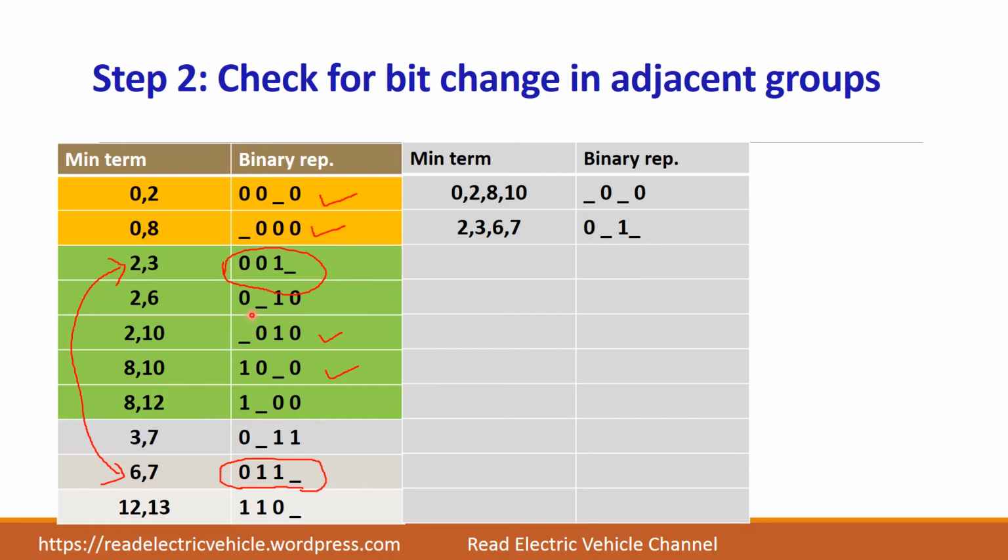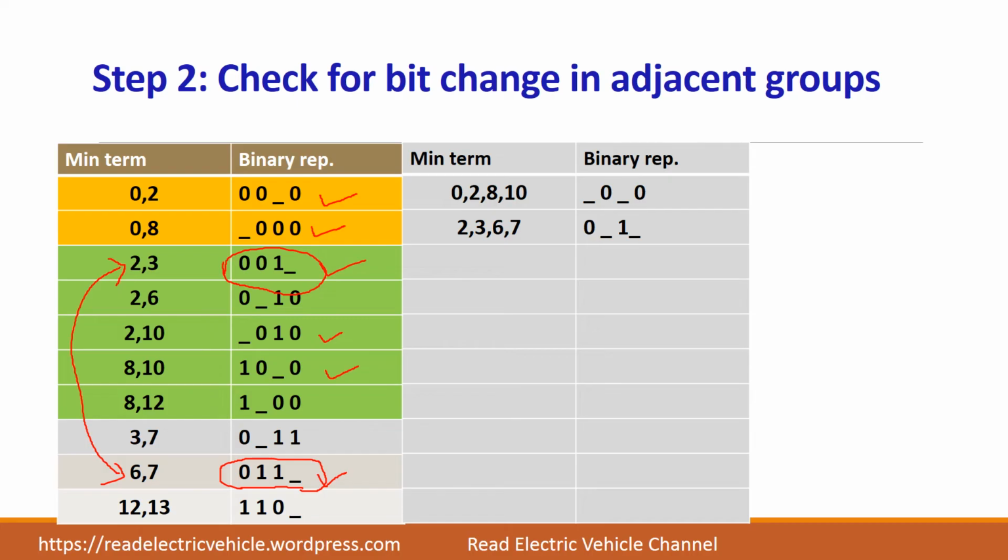Then 2 3 with 12 13, no, many bits are changing, so this is not possible, so you leave it. Next 2 6 with these things, 2 6 and 3 7, again same combination 2 6 3 7. So you put a tick mark alone for these two combinations.